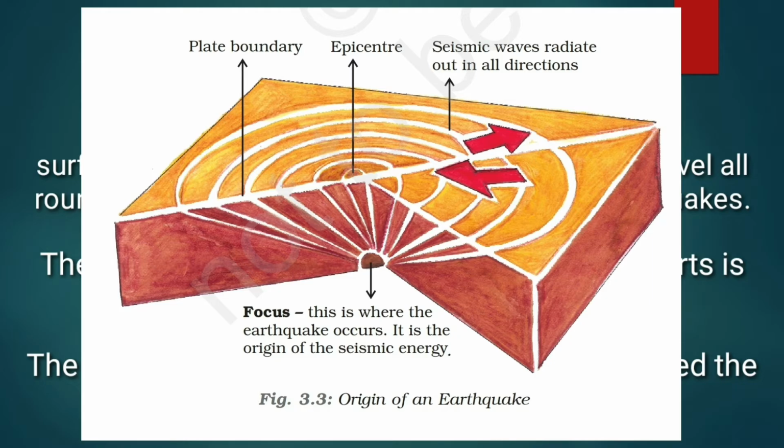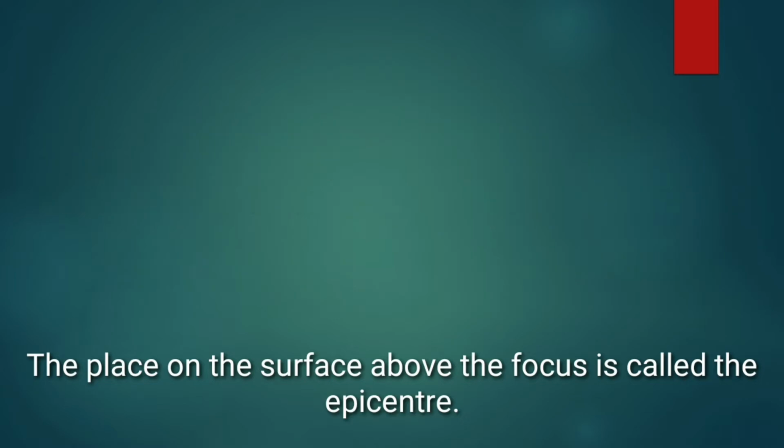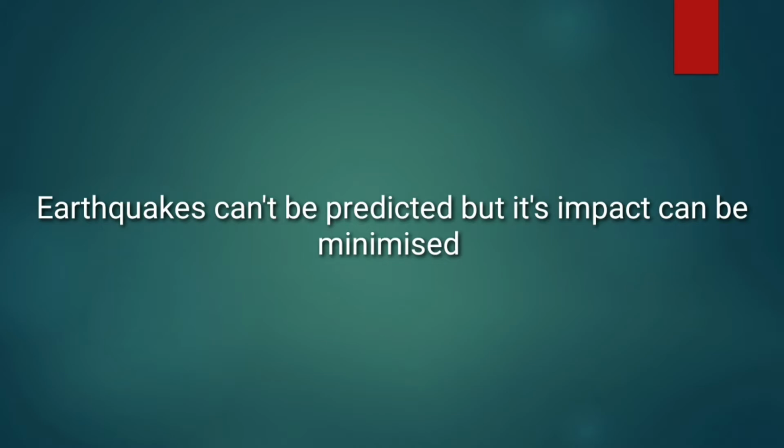Vibrations travel outward from the epicenter as waves. The greatest damage is usually closer to the epicenter. The epicenter is the point where the maximum damage is caused, and the strength of the earthquake decreases as we move away from the epicenter.